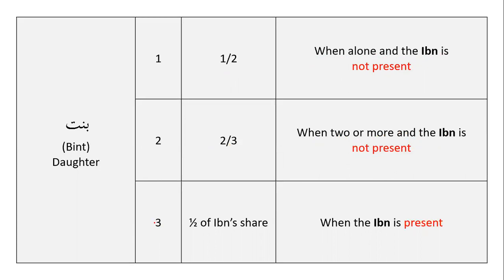And the third condition is the Bint will receive half of the Ibn's share when the Ibn is present. Relatively straightforward. Inshallah, things will become clearer through the examples and through the questions, but for now, we need to make sure that we have learnt the table off by heart.